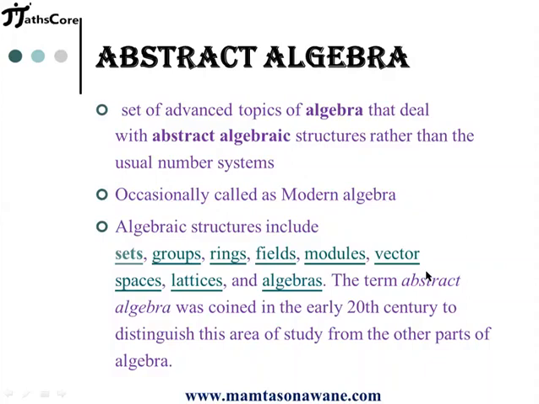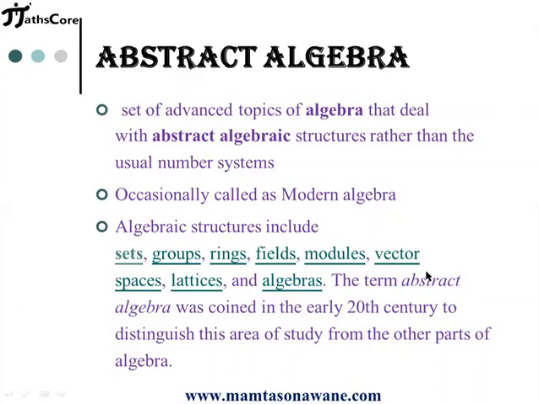Occasionally, abstract algebra is also known as modern algebra. Algebraic structures include sets, groups, rings, fields, modules, vector spaces, lattices, and algebras. All these parts are included in the abstract algebra section.